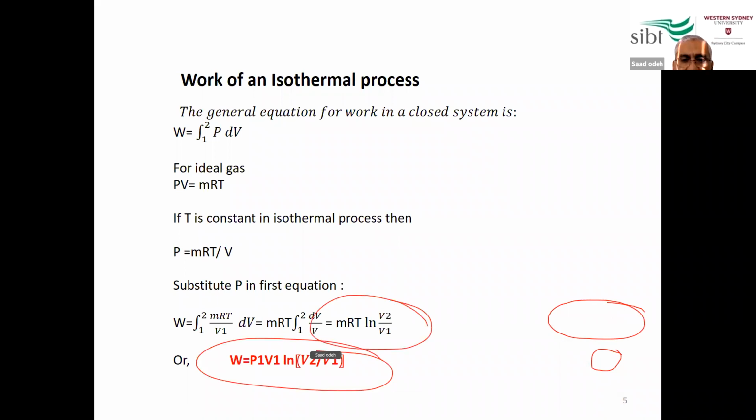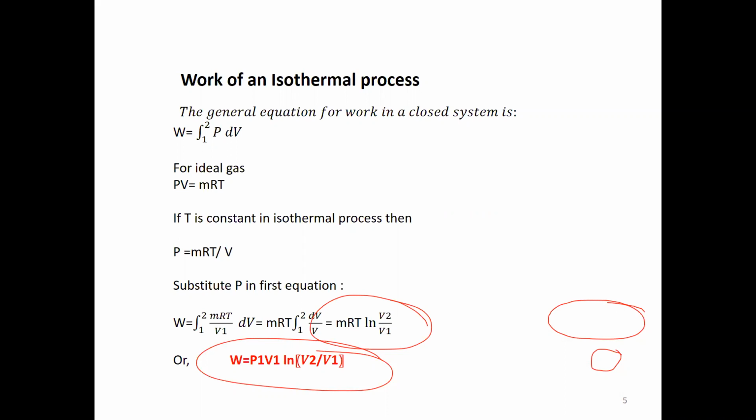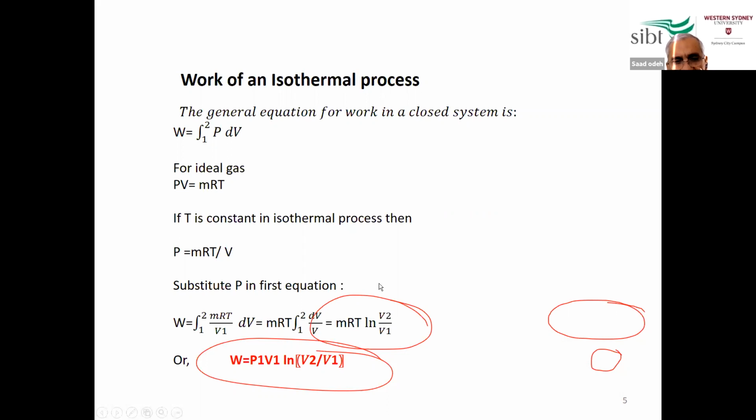So I need you to use one of these two. Can you write down these two equations, please? So work done for the isothermal process. Write it down on a separate paper, and I will ask you after that, what's the value of work done?